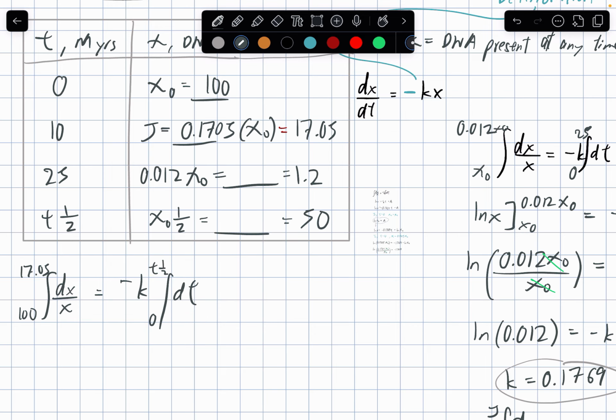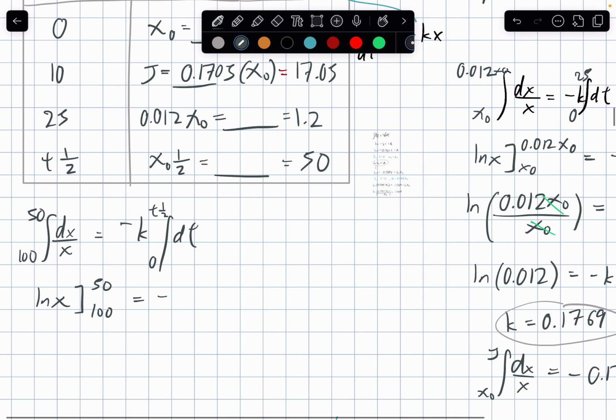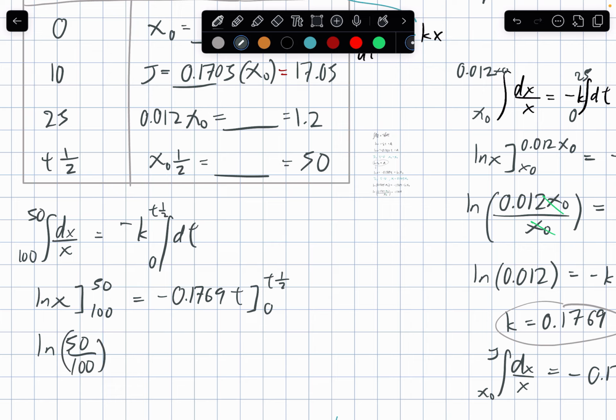So t 1/2, and then our x value corresponding is 50. Let's solve. So 100 to 50, k is 0.1769. ln of 50 over 100 is equal to negative 0.1769 times t 1/2.